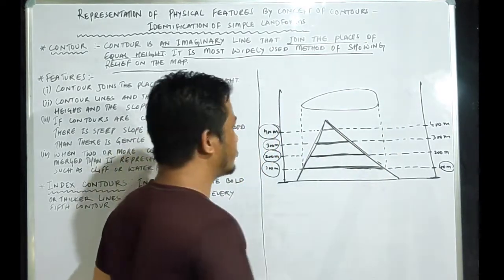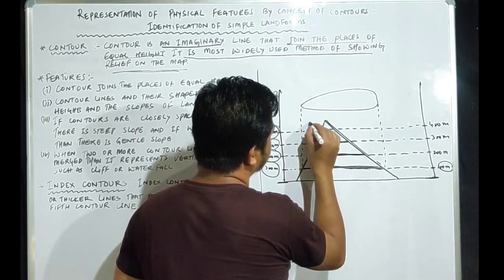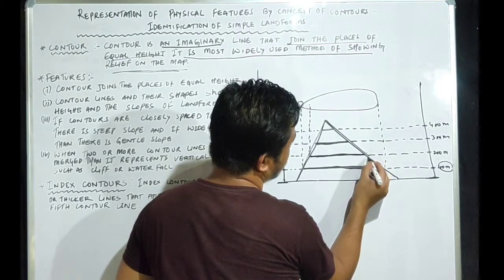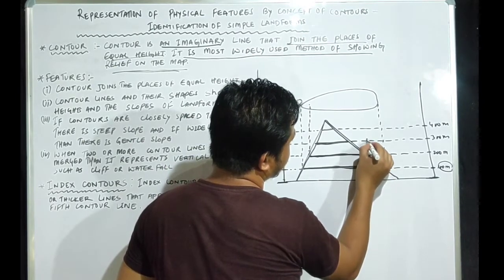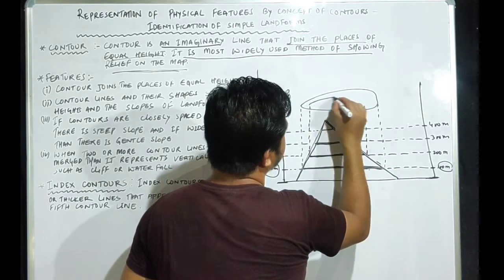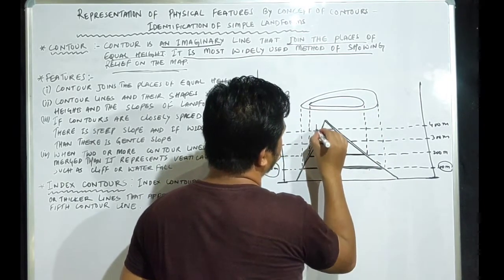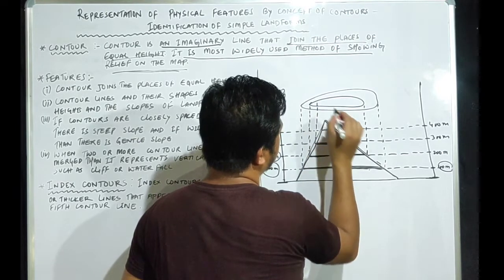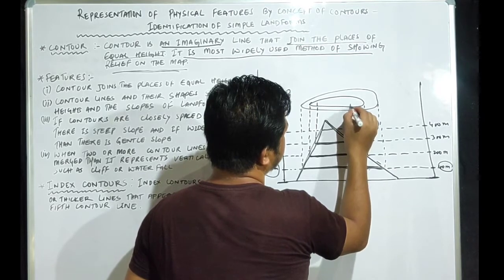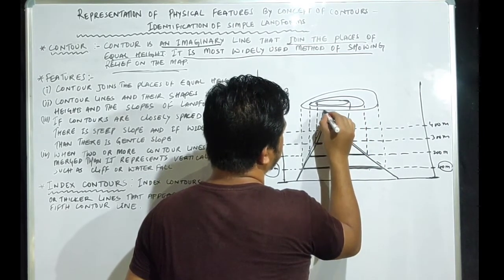Now second, from this point, now this height, it means the height of this place, with the help of contour line, and similarly this one.